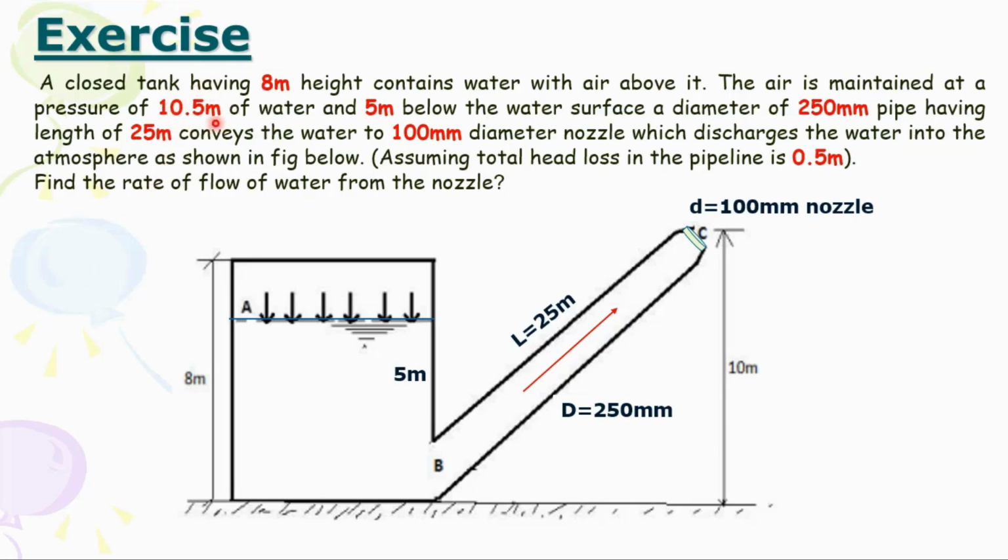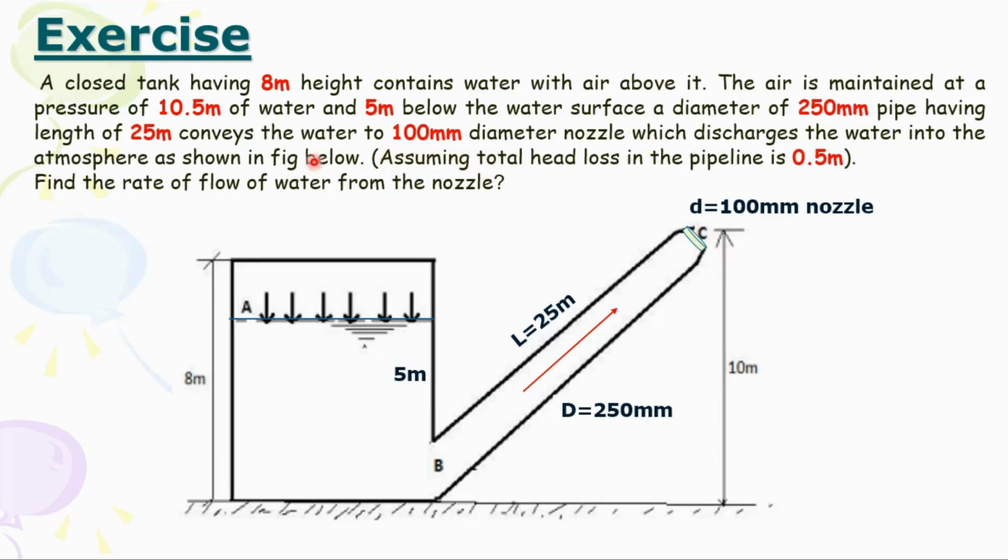And 5 meter below the water surface, you have a 250 millimeter diameter pipe having a length of 25 meter. So this is the 25 meter length given, which conveys some discharge.